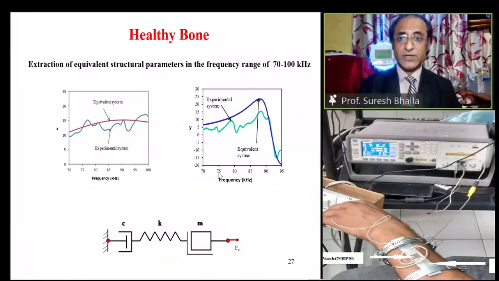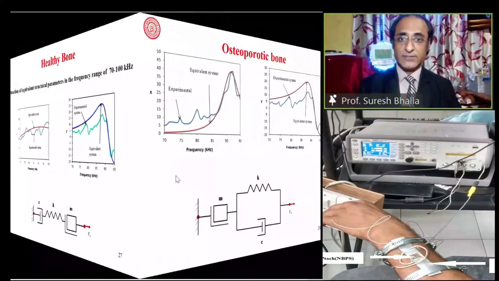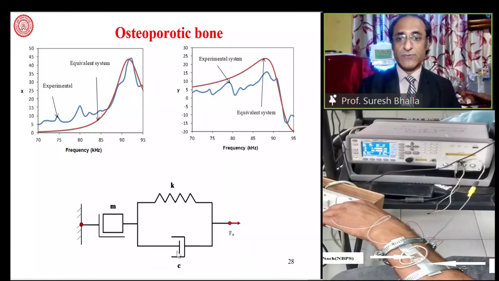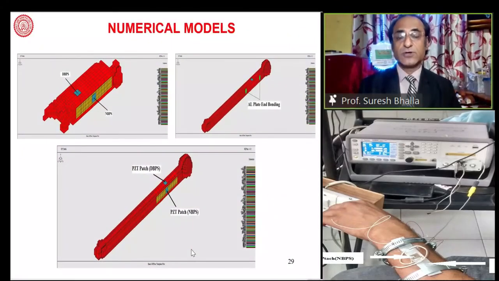So similar thing we identified for the case of the bones, and we found that healthy bone, it is identified as this series spring mass damper system, and the osteo bone we found it's identified as a different system. And we did a numerical simulation also to further see the results, and numerical simulation also showed this. So these are the results, one in the lab based specimens, other numerical models, but then this was not enough.